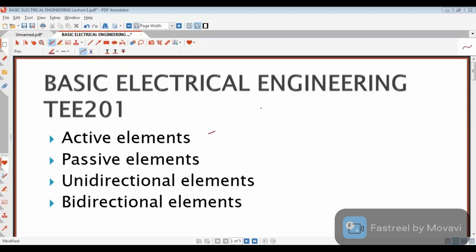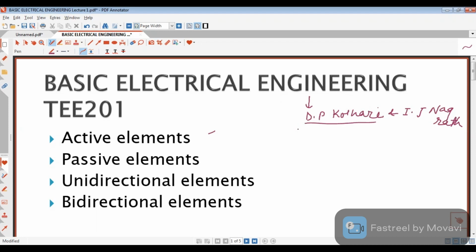Before going to that topic, the book which I follow for this lecture is Basic Electrical Engineering by D.P. Kothari and I.J. Nagrath. D.P. Kothari is an IIT retired professor.